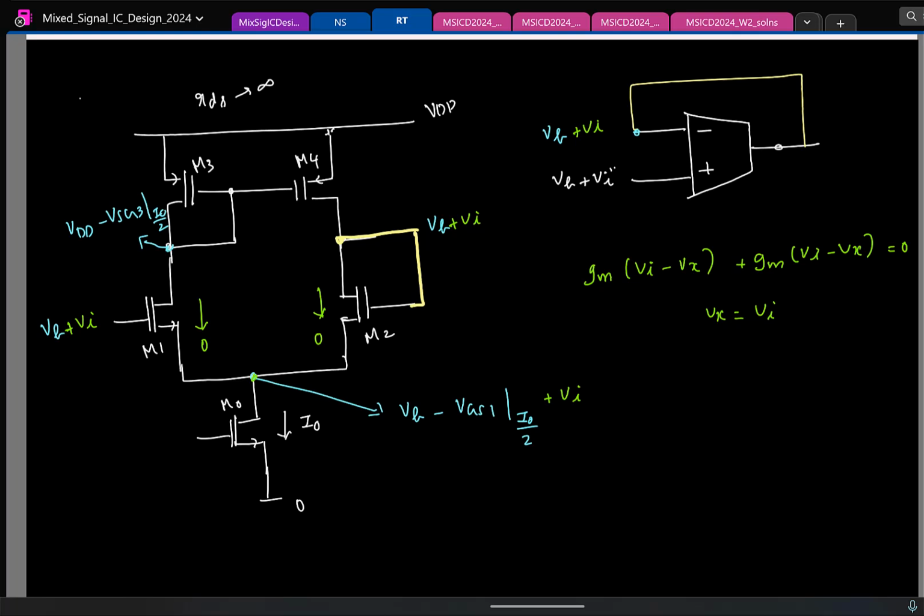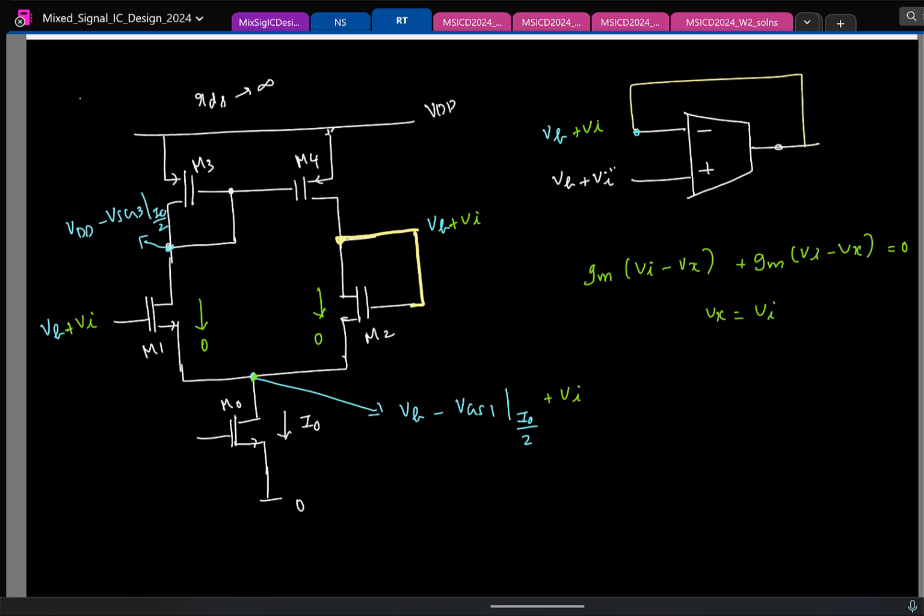We don't care that much. Okay. So yeah, now let's find the small signal voltage here. What can you say about the small signal voltage here? Hmm? 0.